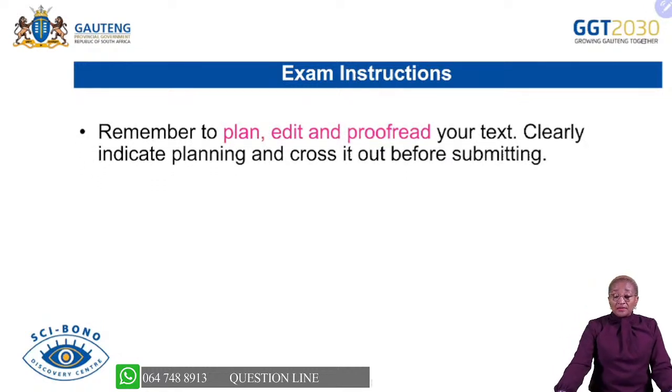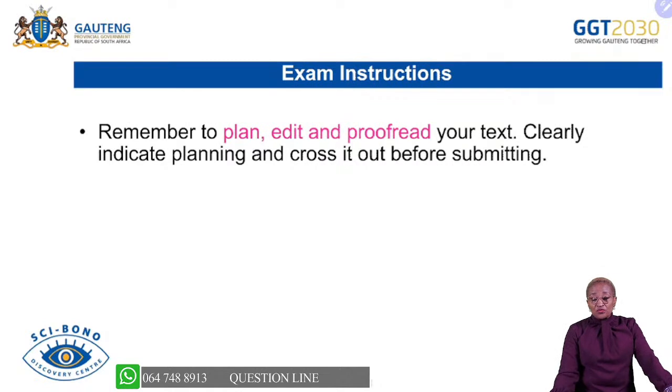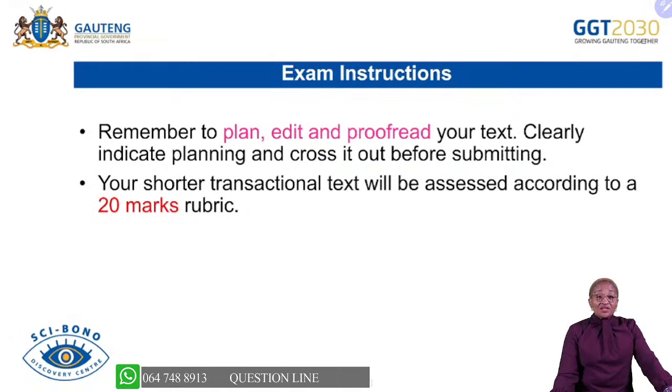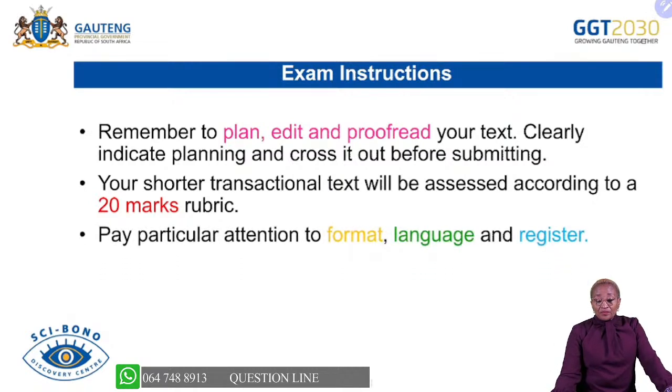Remember to plan, edit, and proofread your text, clearly indicating planning, and cross it out before submitting. Your shorter transactional text will be assessed according to a 20 marks rubric. Pay particular attention to the format, the language, as well as the register. That is very, very important.